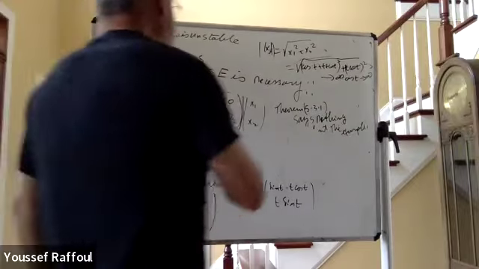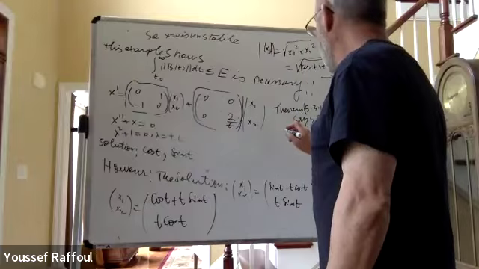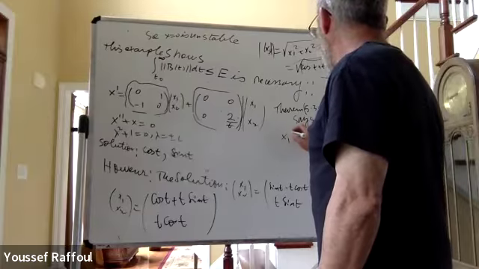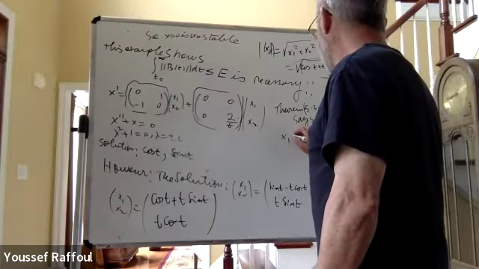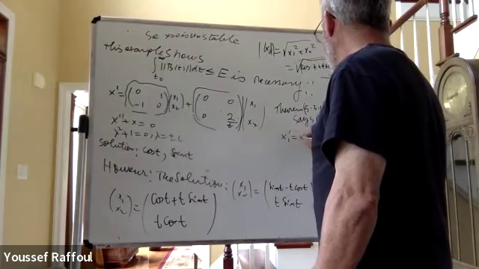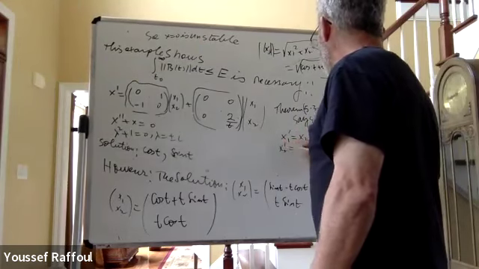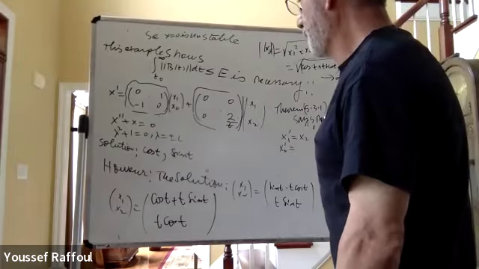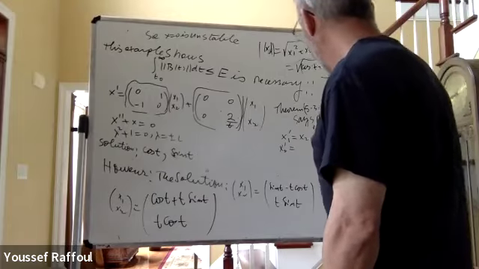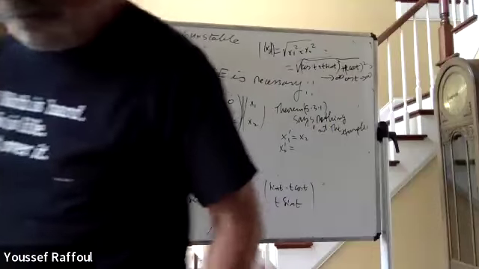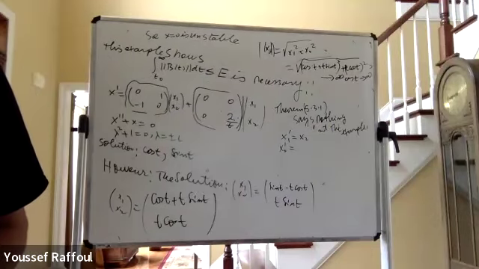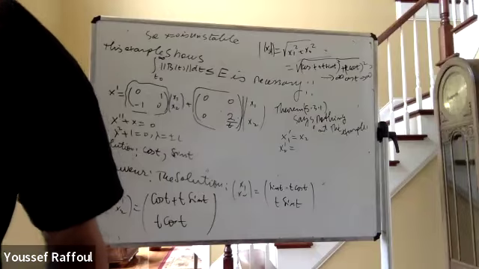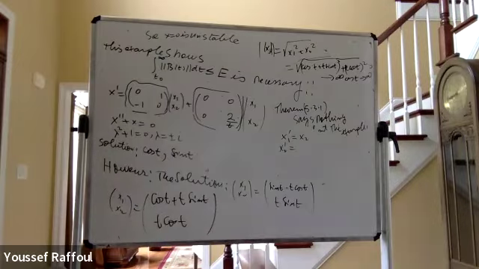All right. So what is our transformation? Can anybody tell me? x1 prime equal x2, x2 prime equal minus x1. So we had the substitution. Let's see.